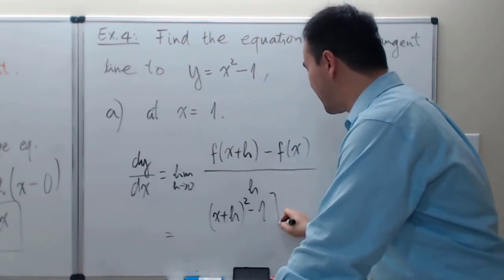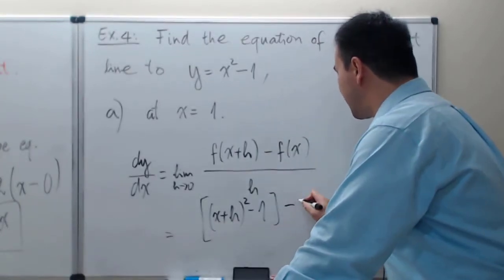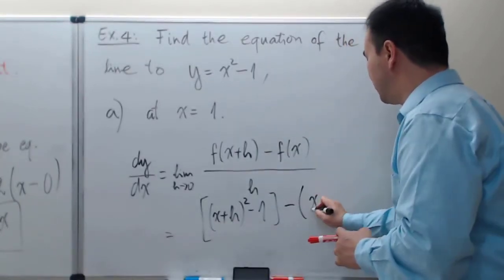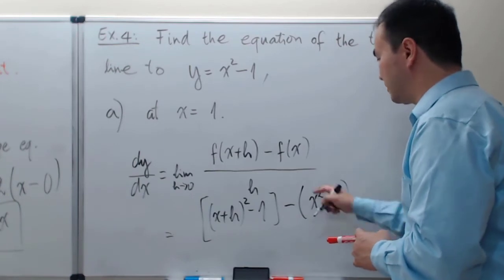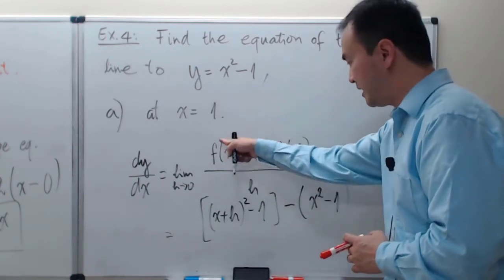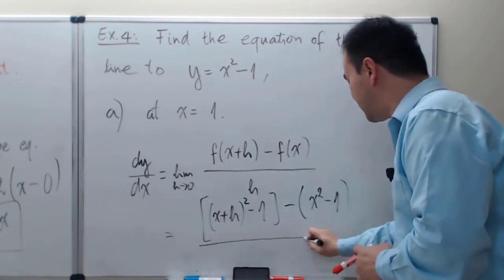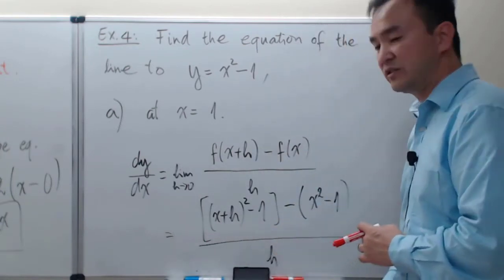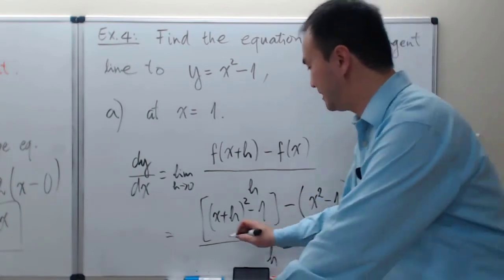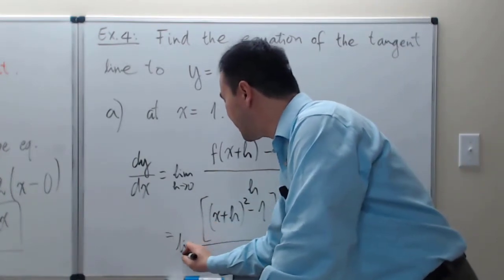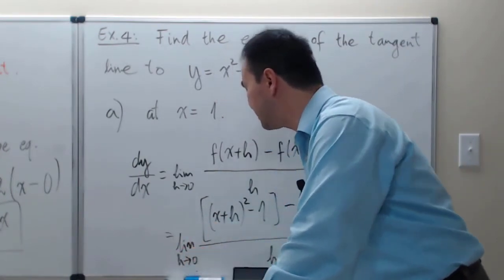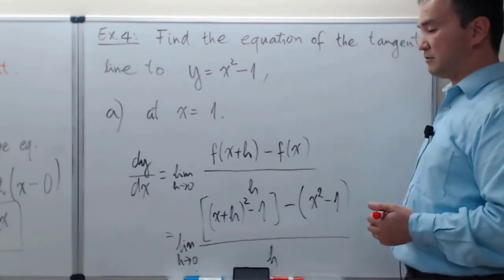Then I am going to subtract my original function, x squared minus 1, because the difference quotient is f of x plus h minus f of x. That difference I am going to divide by h, and we're taking the limit as h goes to 0.